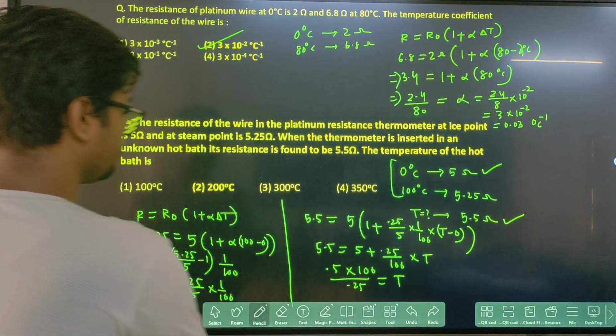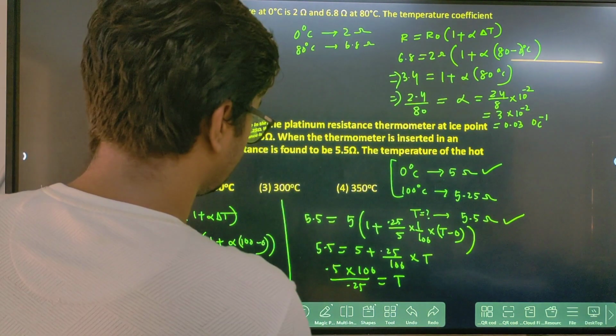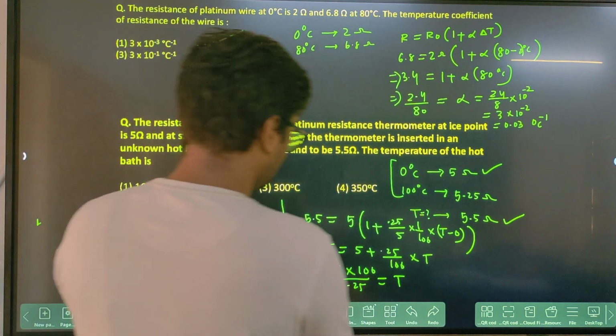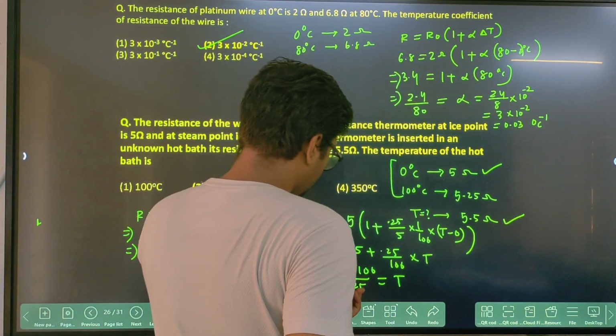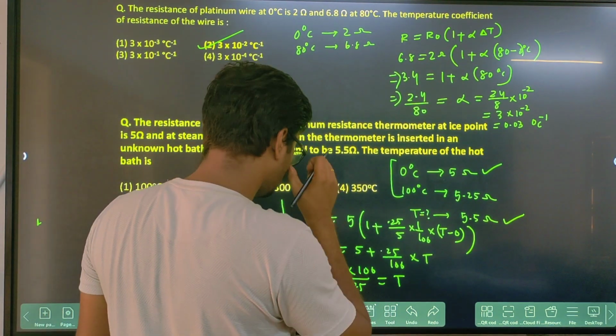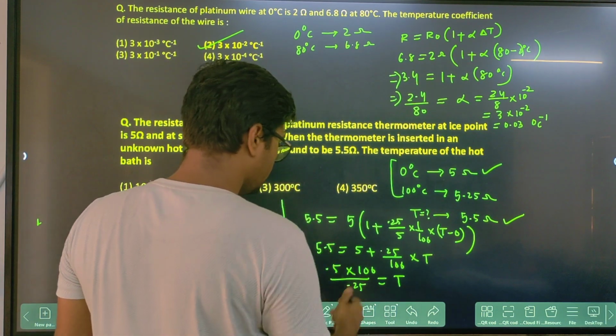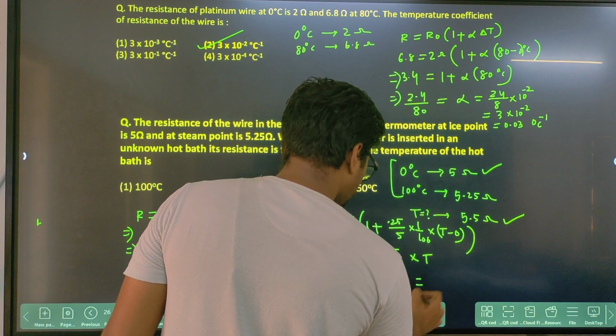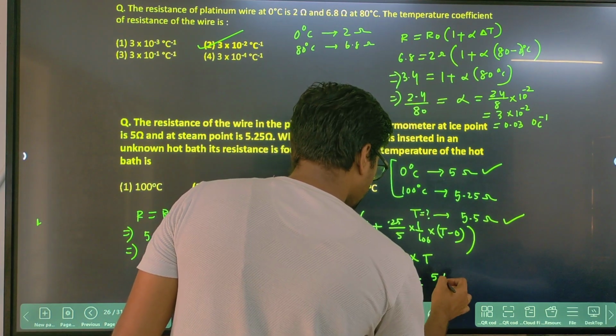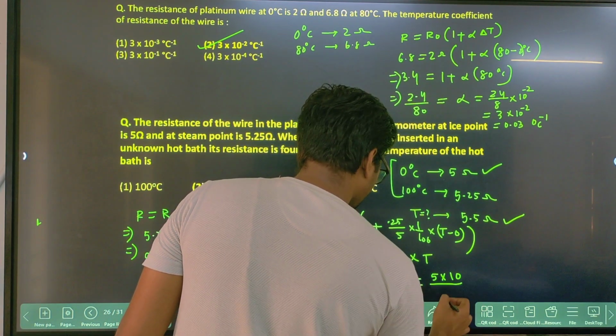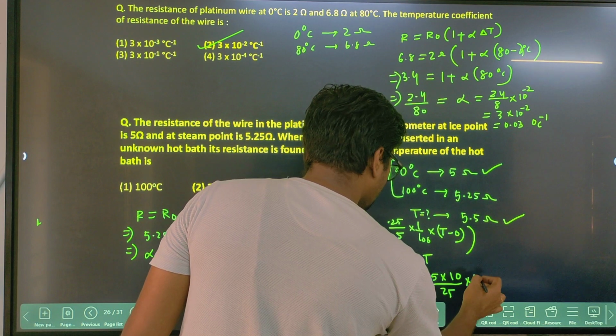Clear? This is the case. So this will be 0.25, we take it up, then 100, so 100 by 25. I can write 5 into 10 divided by 25 into 100 here.